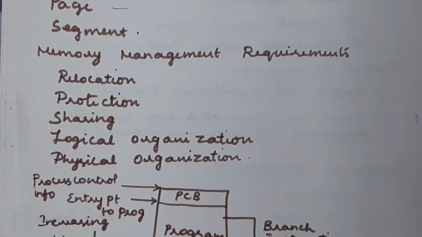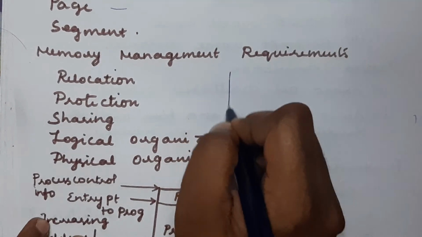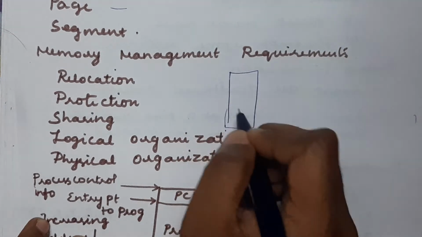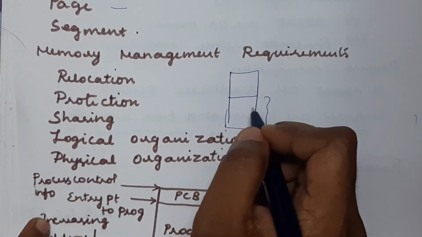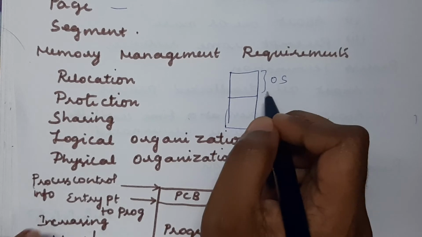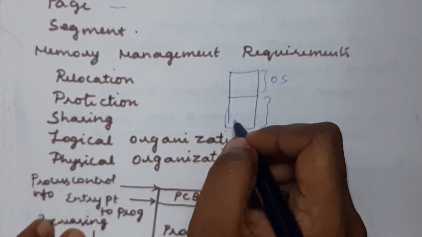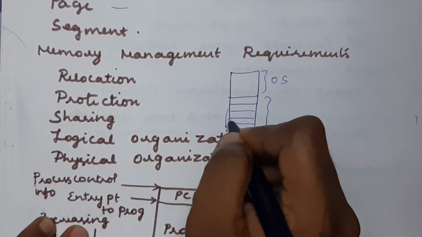So what do you mean by relocation? Suppose you want to store any one process, or let it be a program. If you are working with multi-programming, one section will be stored as OS, and the other section will be divided into several sections in order to hold multiple processes, isn't it?